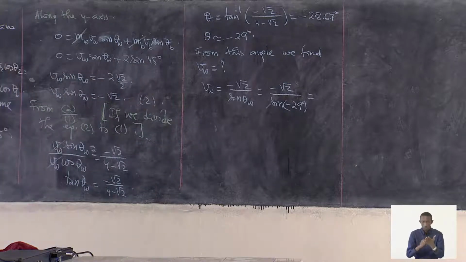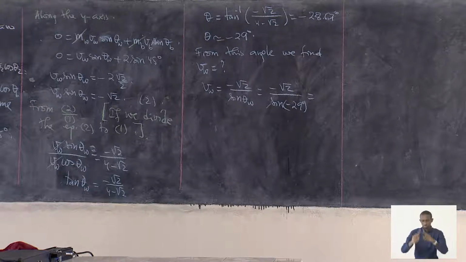So what do you find? That is negative square root 2, and then I use some brackets, and this is sine of negative 29.